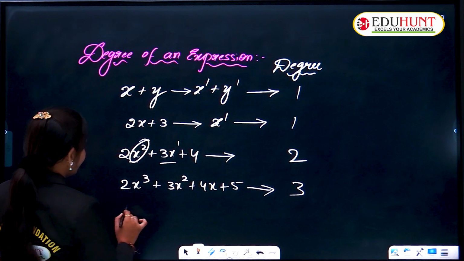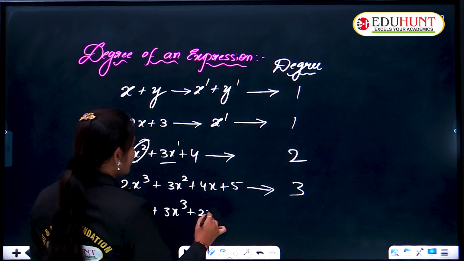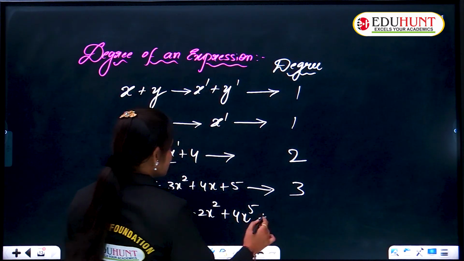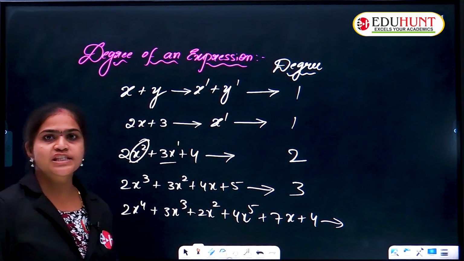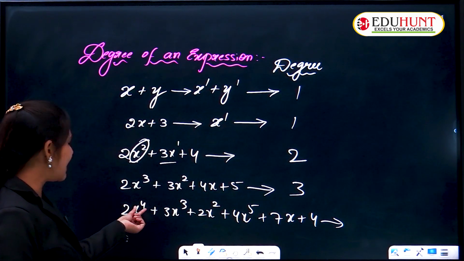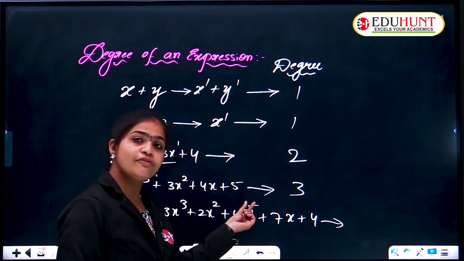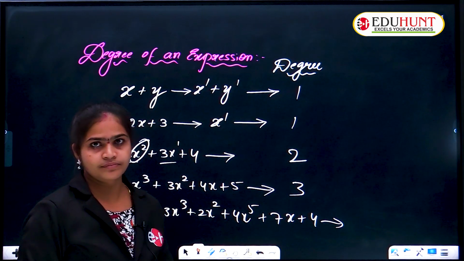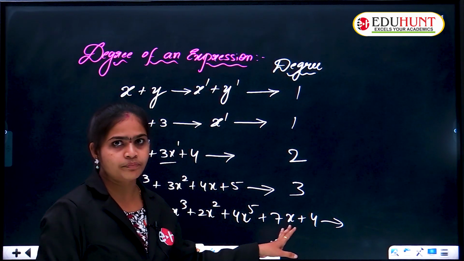And in the same way, 2x power 4, 3x cube, 2x square, 4x power 5 plus 7x plus 4. What is the highest power and what is the degree of this expression here? Just observe, here I have jumbled the expression.